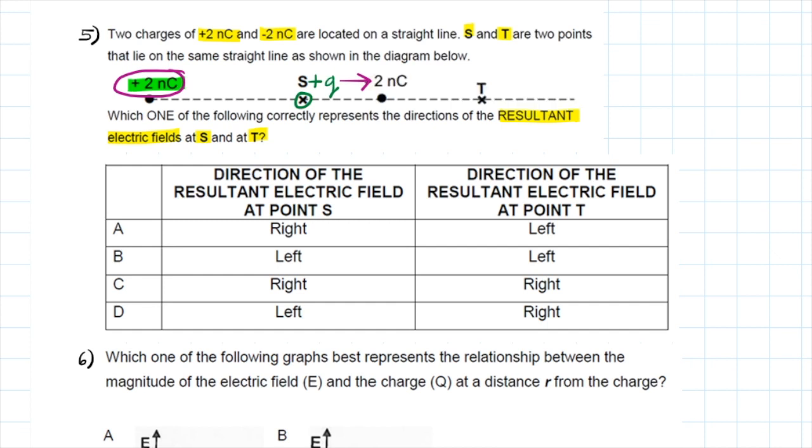Now let's see where this test charge is going to move at point S as a result of the negative 2 nanocoulomb charge. Positive is attracted to negative charges, and this charge over here, although you can't see it, is a negative charge. So since positive is attracted to negative, we know that the test charge is also going to move towards the right as a result of this negative 2 nanocoulomb charge.